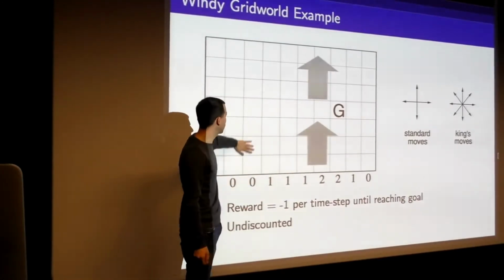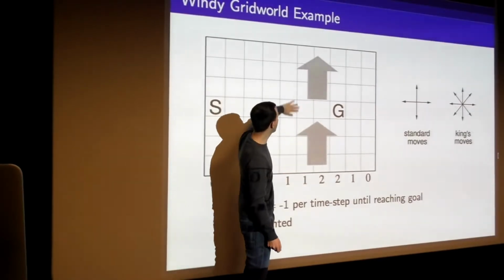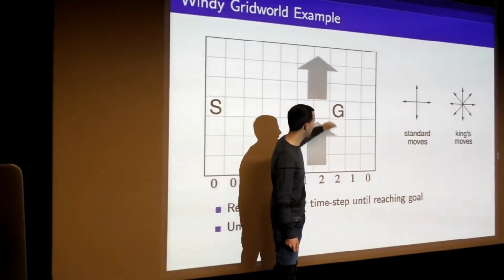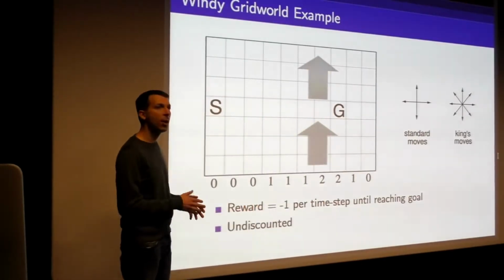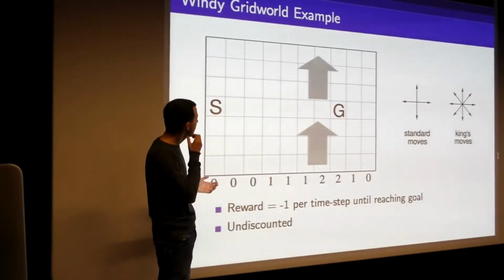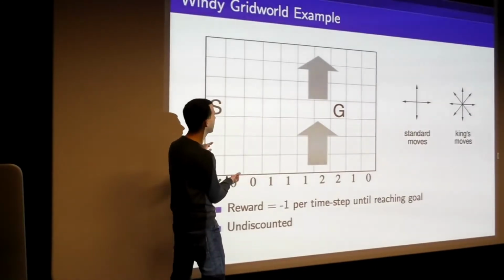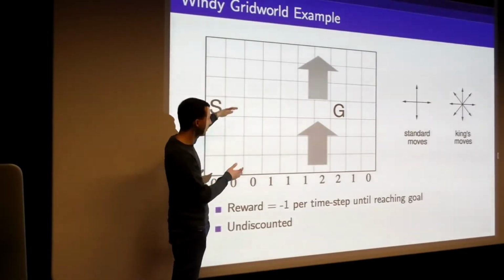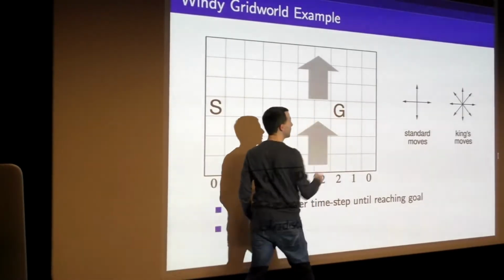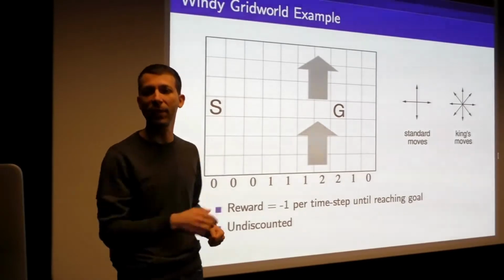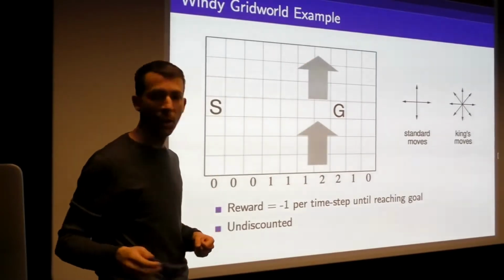So there's no wind over these first 3 columns. Then you get pushed up 1 step when you move here, 2 steps when you move up here, 1 step here, and 0 here. So the optimal behavior is basically, it has to take account of the fact you want to make as much progress as you can when there's no wind, and I think you end up taking this route, we'll see on the next slide, something like that as the optimal behavior. You have to come back around to get back to the goal.